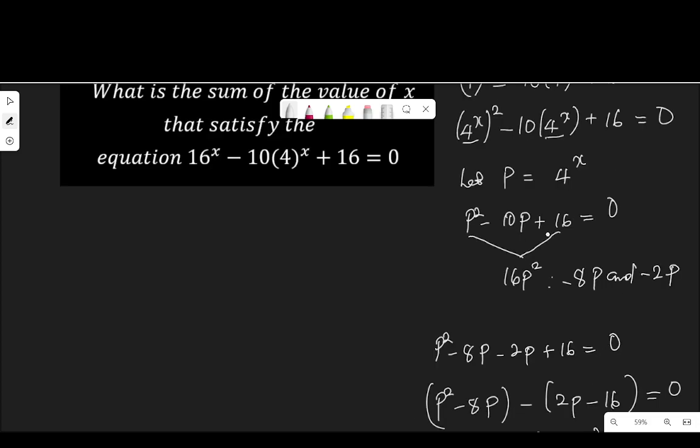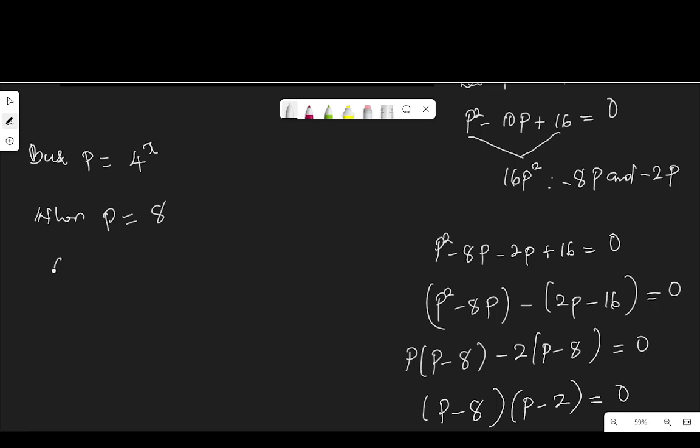Well, p is 4 to the power of x. So when p is equal to 8, 4 to the power of x is equal to 8.